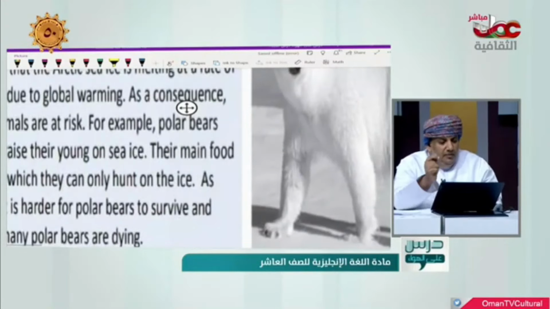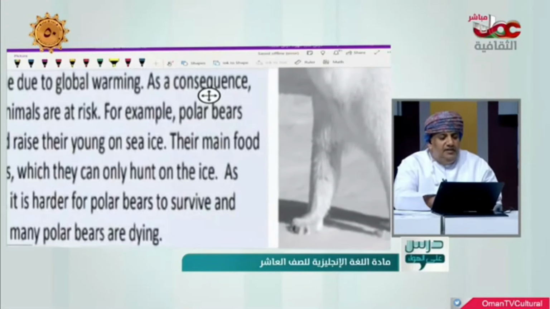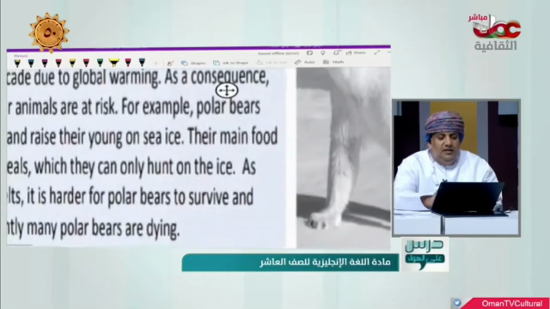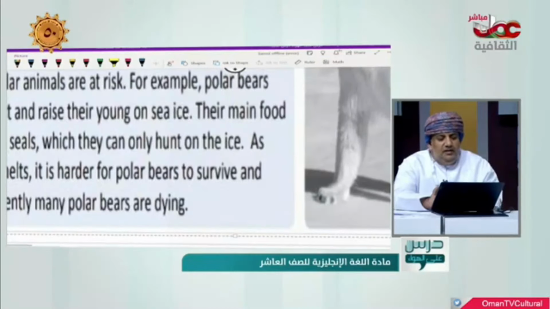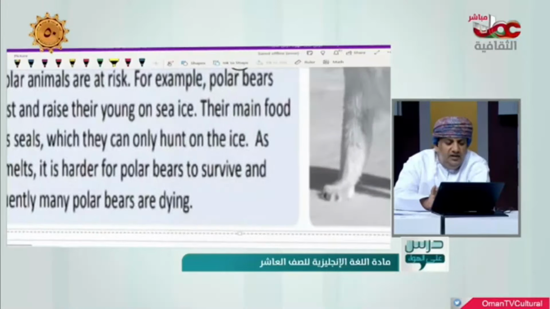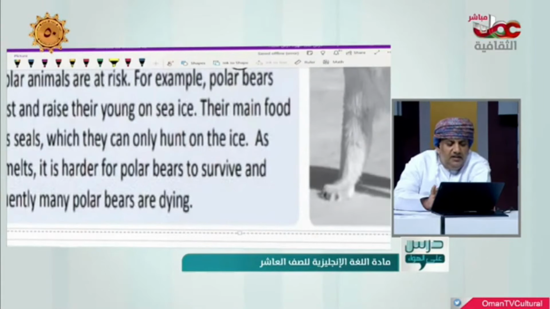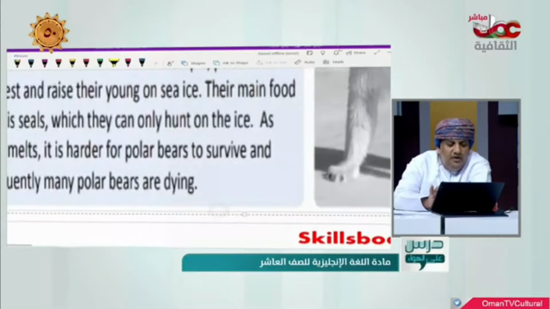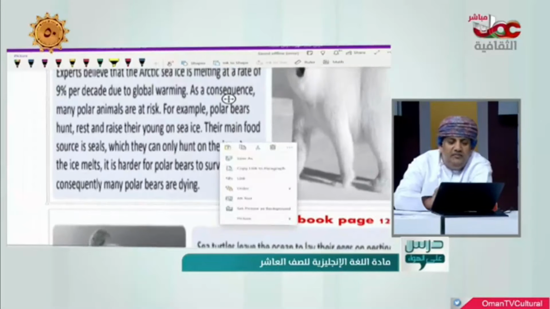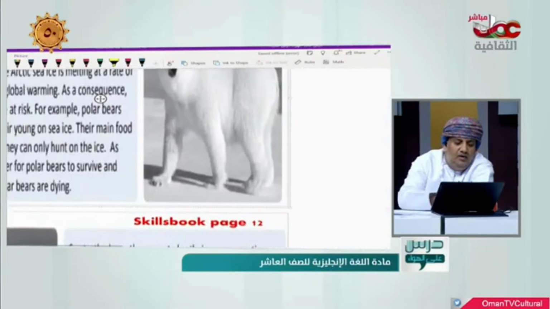For example, polar bears hunt, rest, and raise their young on sea ice. Their main food source is seals, which they can only hunt on the sea. As the ice melts, it is harder for polar bears to survive, and consequently, many polar bears are dying. So here we have about the global warming.